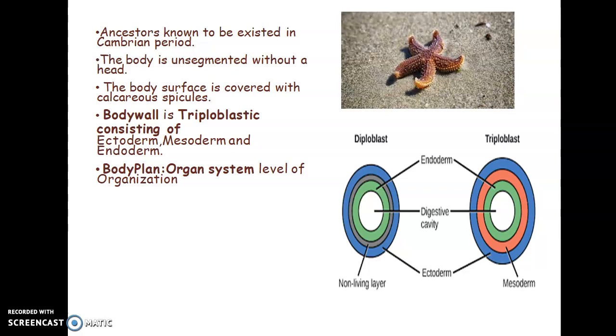In the organ system level, all the organs unite together and form a particular system, and this system together performs all the functions of the body. So organ system is the most advanced character, usually seen in higher organisms. As this phylum Echinodermata is an invertebrate organism, you can see that these kinds of advanced characters are commonly observed in this phylum.